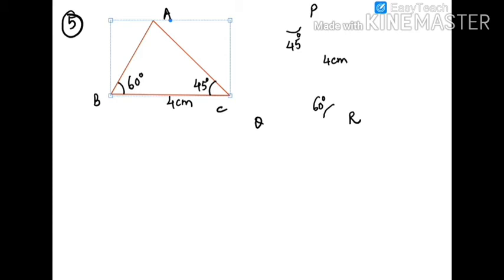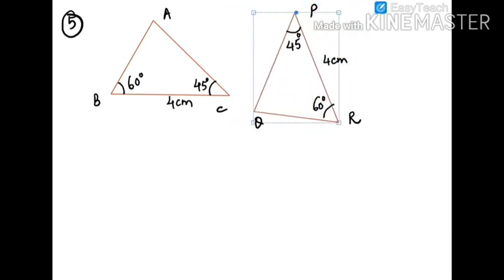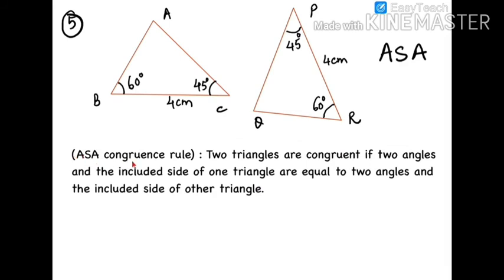The arms and angles cover each other exactly, which means these two triangles are congruent. According to ASA congruence rule, two triangles are congruent if two angles and the included side of one triangle are equal to two angles and the included side of the other triangle.